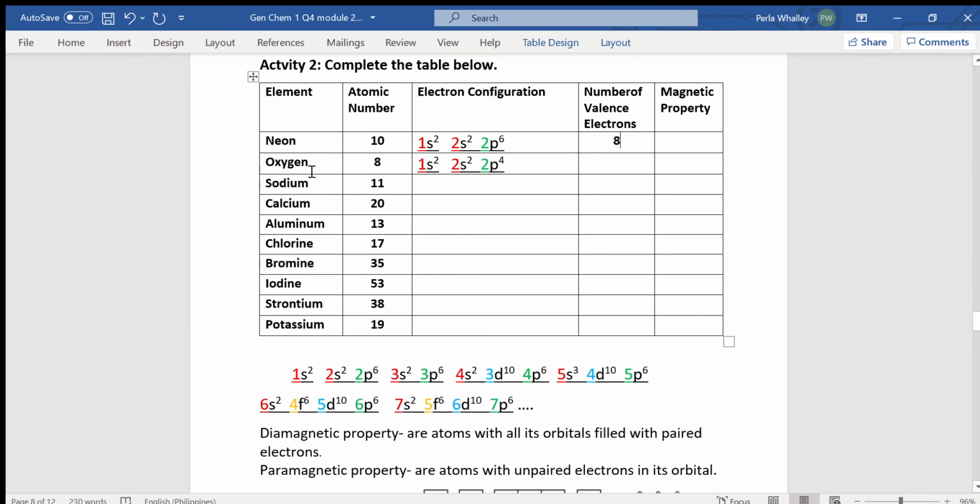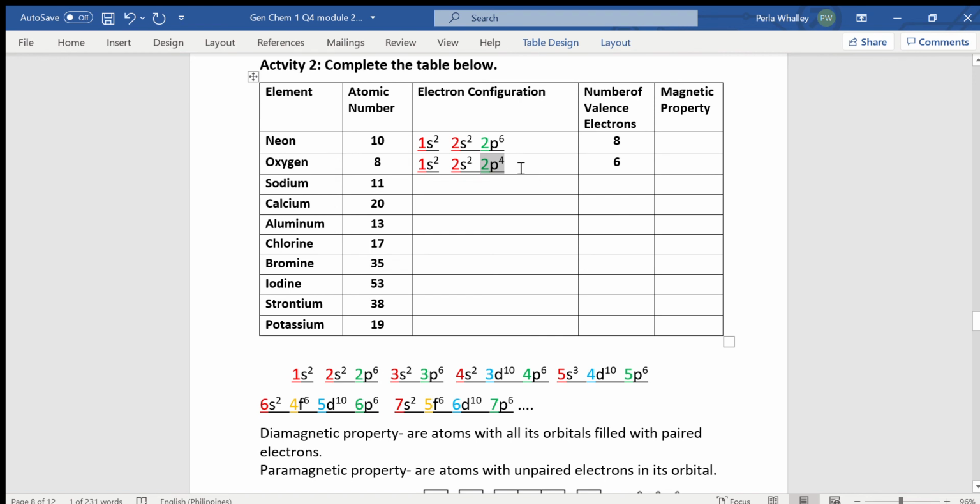How about for oxygen? Same. That would be 2 plus 4 is equal to 6. Now, if there is only one number here, remember that your valence would be only 2.